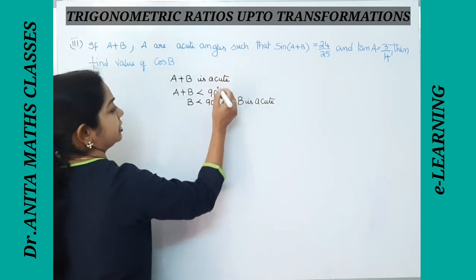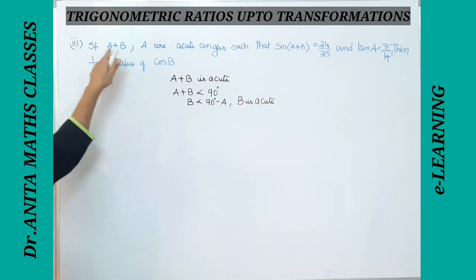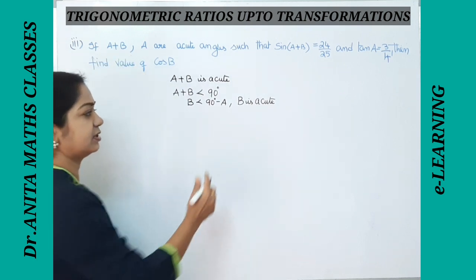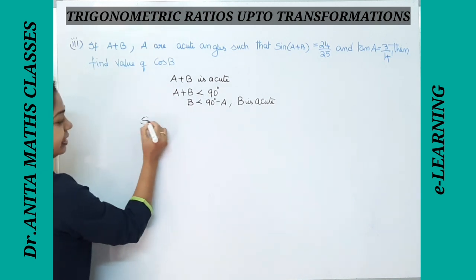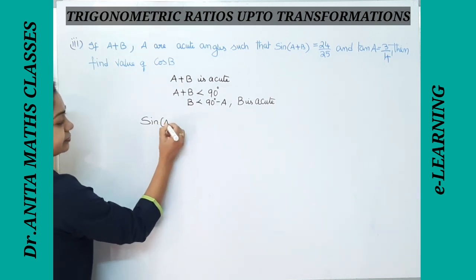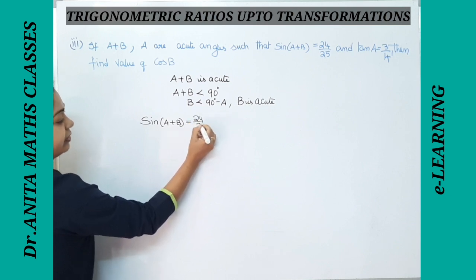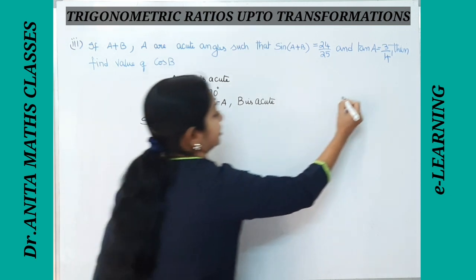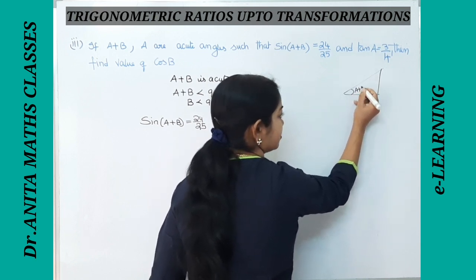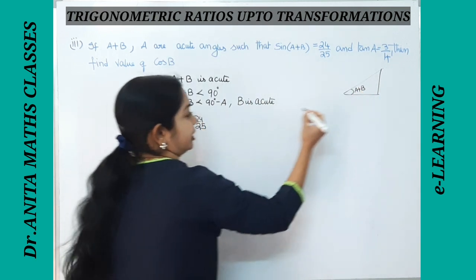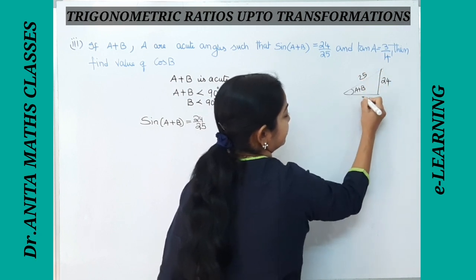We are also given that A is acute. From the condition on A plus B, I got B is acute, right? Now sin(A plus B) is given as 24 upon 25. If you take the diagram like this, with A plus B as one angle, sin is 24 by 25, so the other side will be 7.